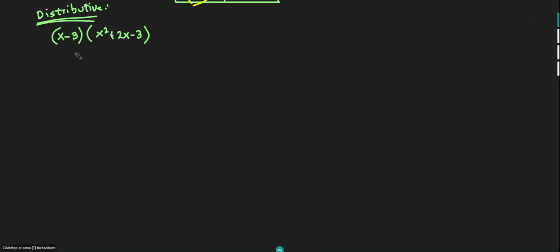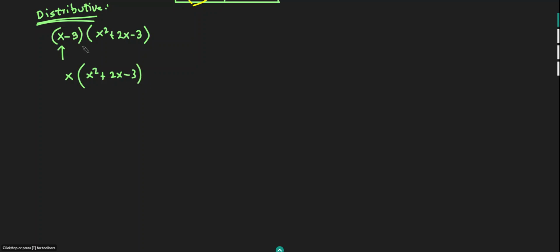In this method, we take each term from the first polynomial and multiply with all the terms in the second bracket. So first I'm going to take the first term, which is x. I need to multiply it with the second polynomial, so we write down the second polynomial as it is.